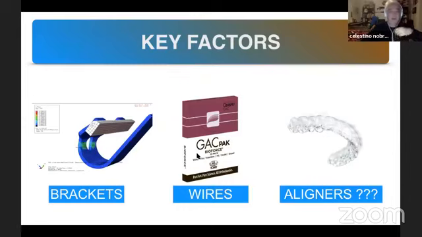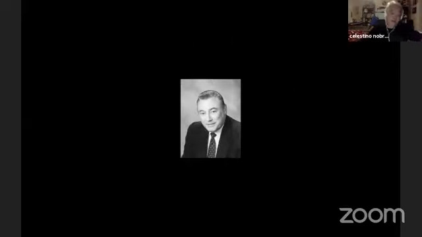I know now how to produce an aligner that is more flexible here and more rigid there. I'm working on this pattern, and it will be in the market like this. I think you're going to have some improvements in the biomechanics with aligners. But forget about this. Let me focus on brackets now.